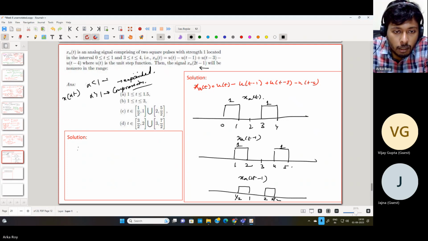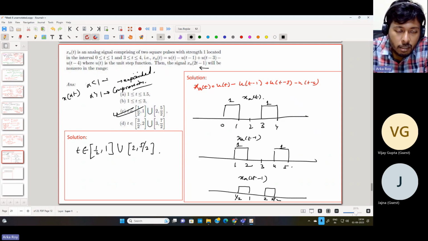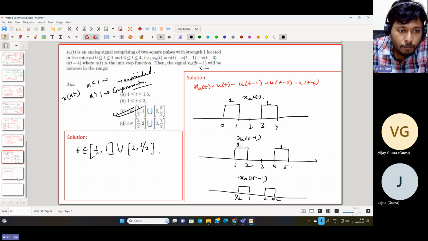These are two disjoint square pulses, so we can write the locations as the interval half comma 1 union the interval 2 comma 5 by 2. Therefore option C would be the correct answer for this question.